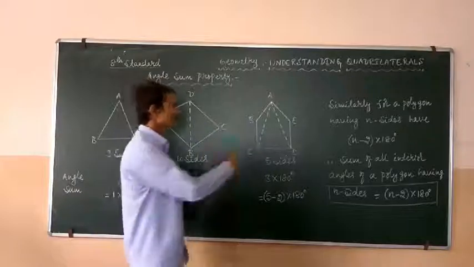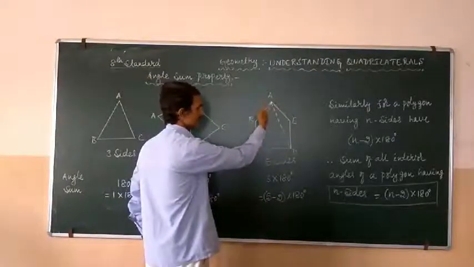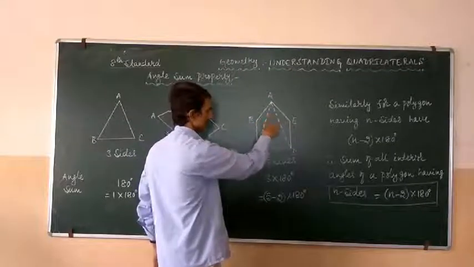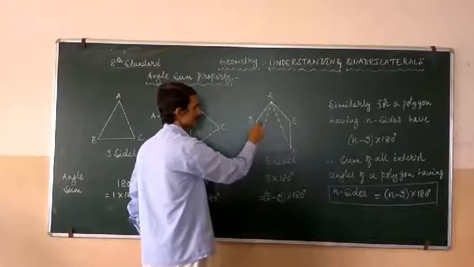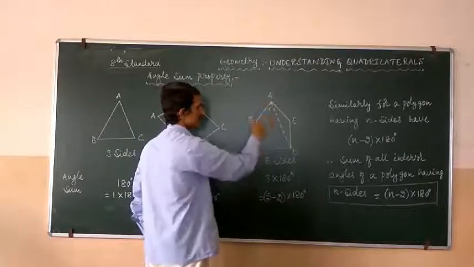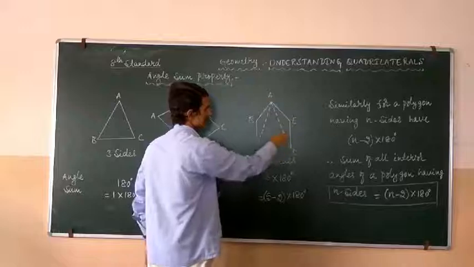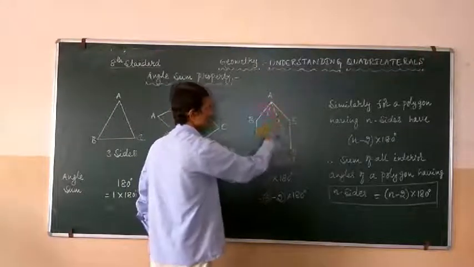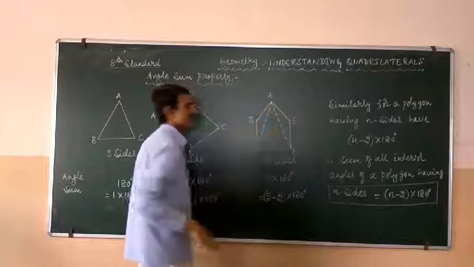If you observe this pentagon, here are the triangles formed in the interior part of the pentagon. ABC is one triangle, ACD is another triangle, and ADE is another triangle. There are three triangles.